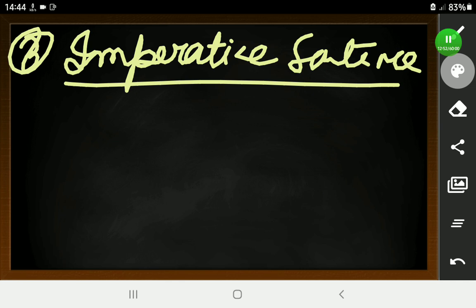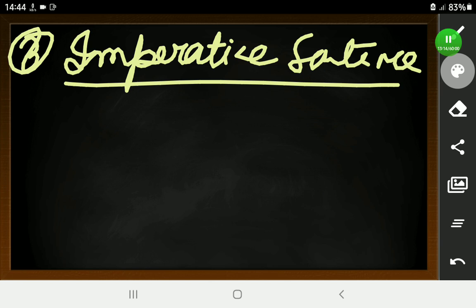Imperative sentences are those sentences which command you or request you. There are two types of sentences where you will find that the sentence is commanding you or requesting you something. Those are known as imperative sentences. I will give you a few examples of this.